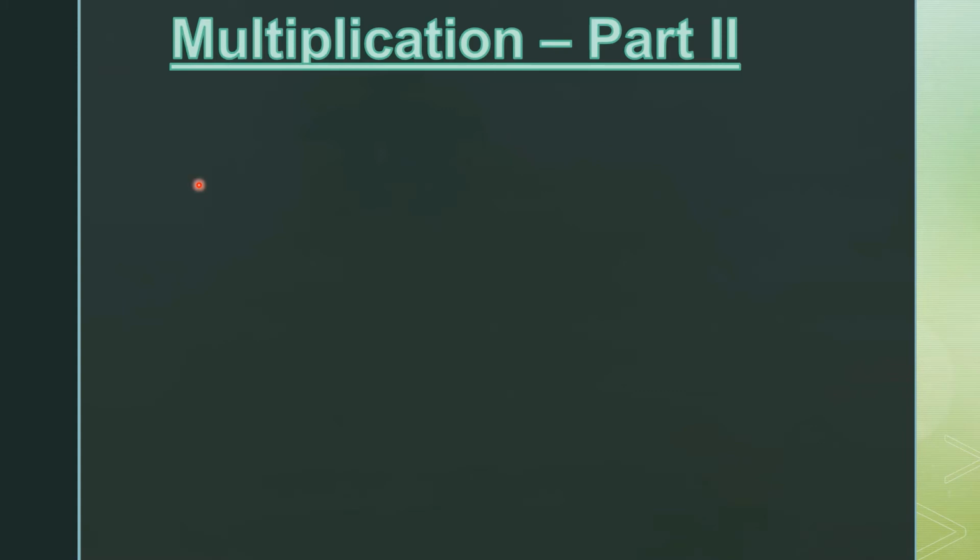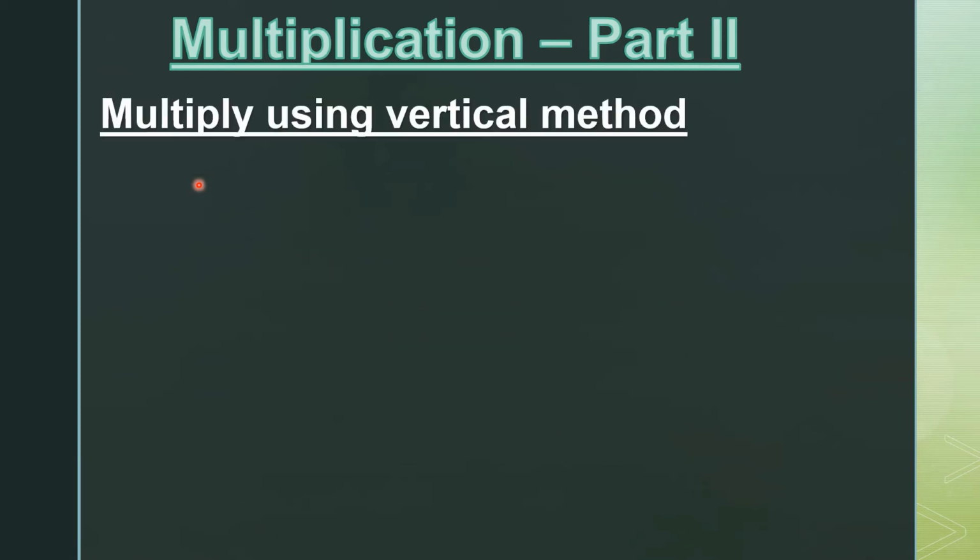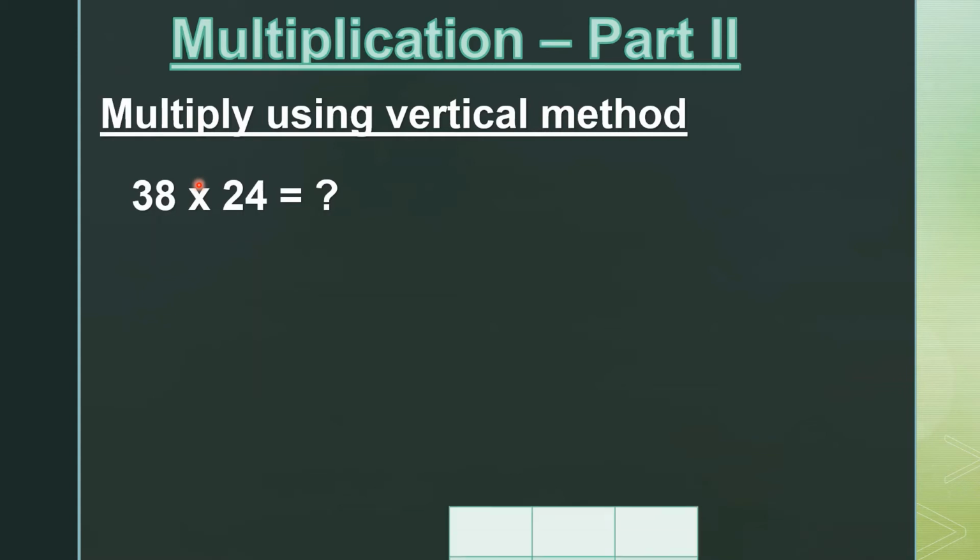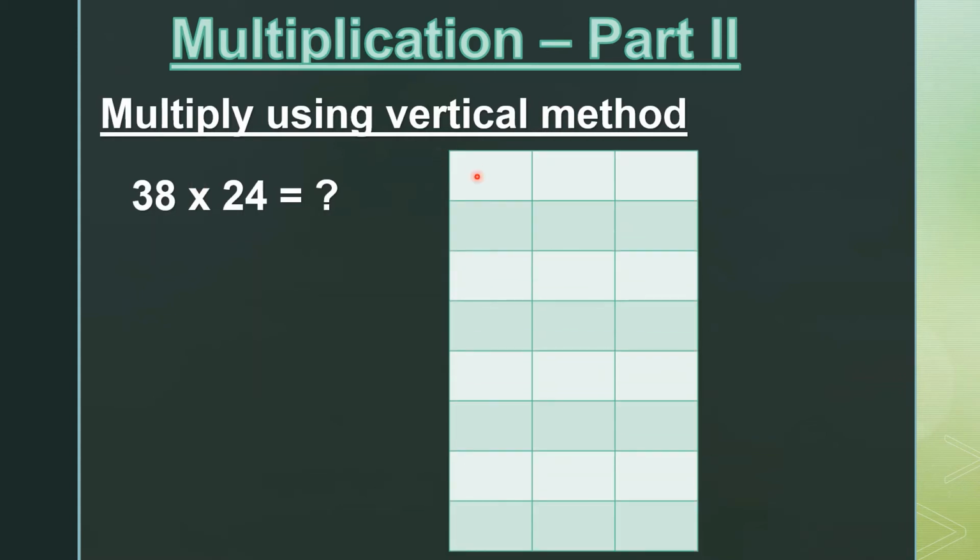Now let us learn multiplication of a 2-digit number by a 2-digit number using vertical method. 38 multiplied by 24. First let us draw the table. In the first row we write the place values: units, tens, hundreds.